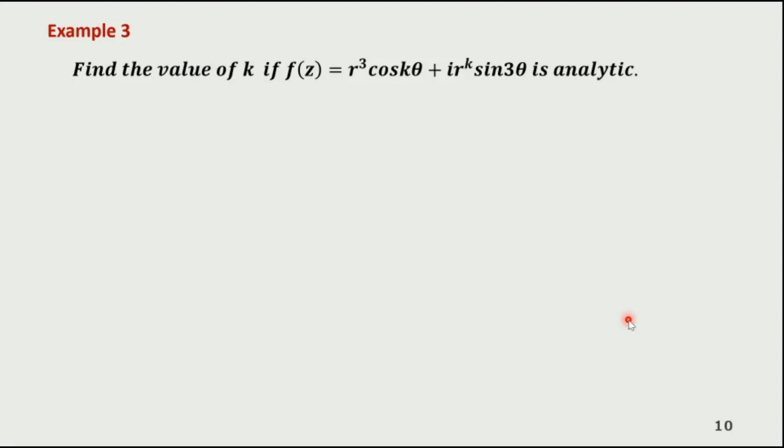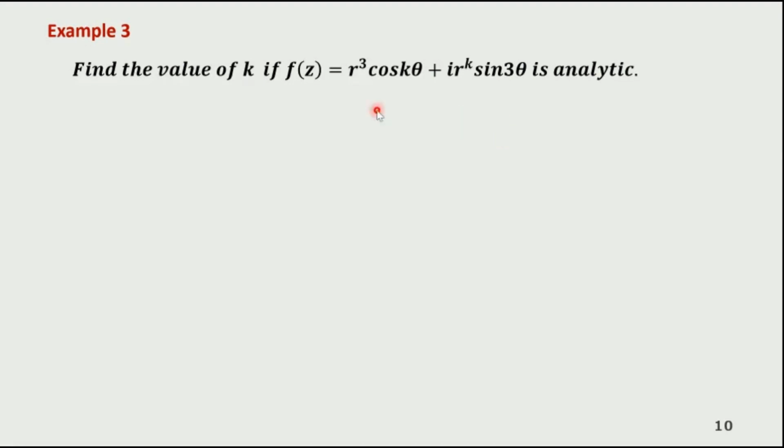Find the value of k if f of z is analytic. F of z is given as r cube cos k theta plus I r raised to k sin 3 theta. Now f of z जो दिया है r और theta में दिया है, तो we have to make use of the CR equations in the polar form.